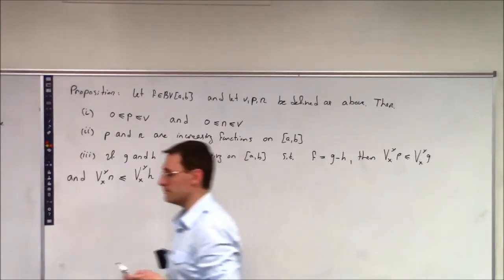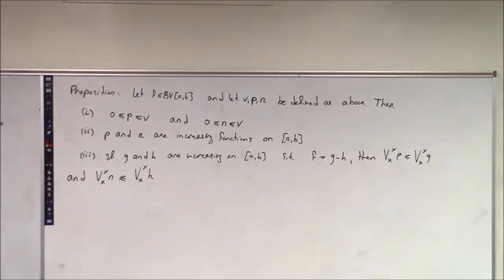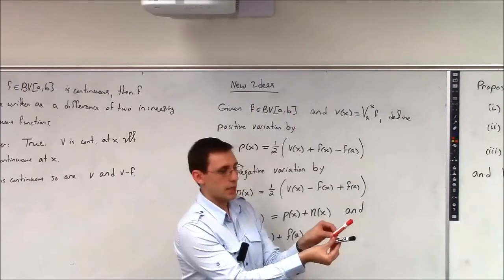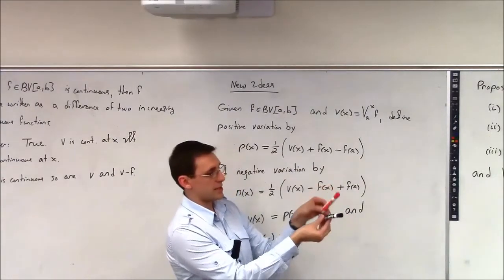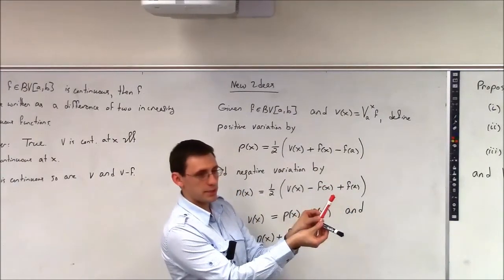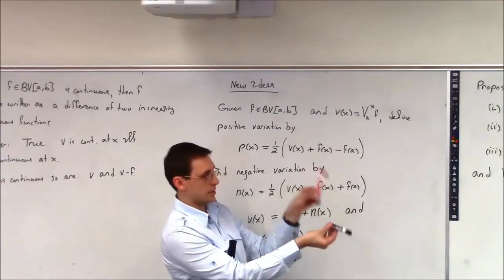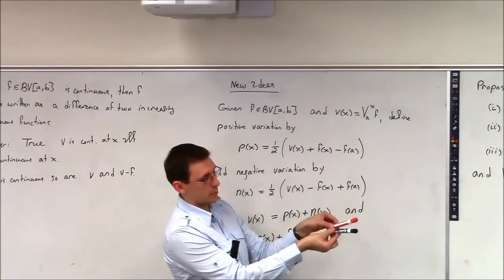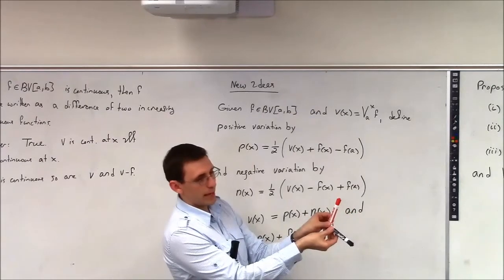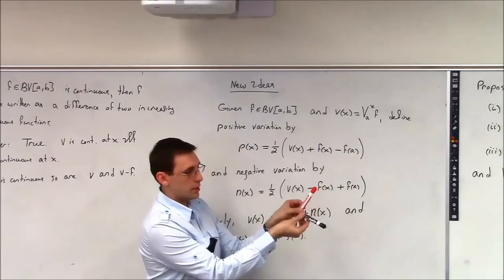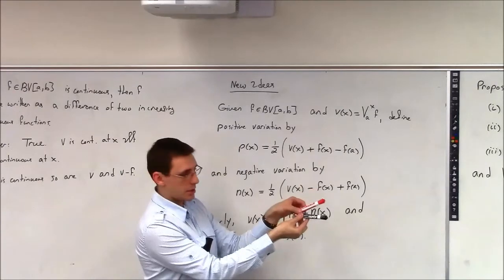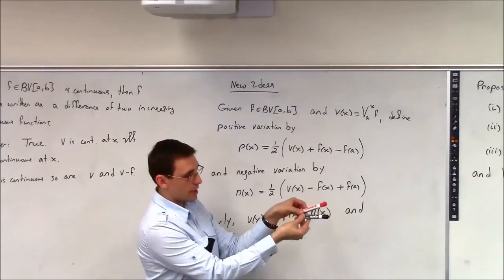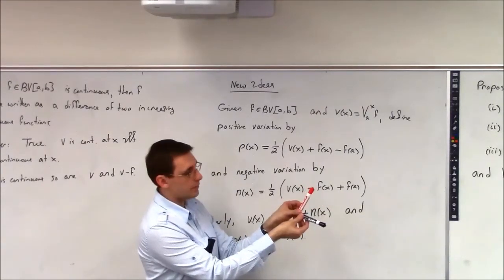So roughly speaking, what's the variation of increasing functions? You can just predict what it is. If I just approximate the increasing function by a straight line, the steeper it is, the larger the variation. The function can be written like this or like this, as I vary the two increasing functions.